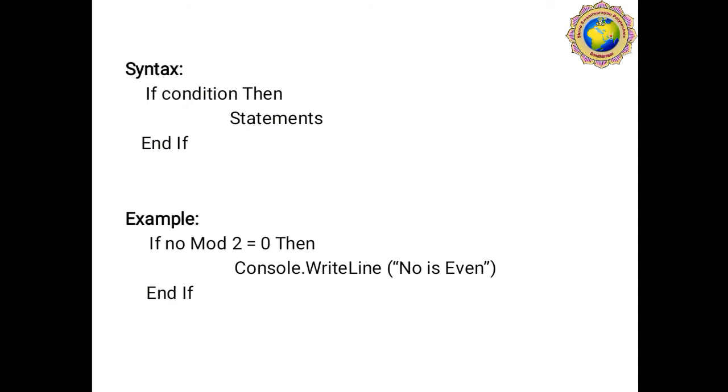The concept is all the same, but the syntax is different. So here we use the if decision making statement, and we have to write this type of syntax: if, condition, then statement, and end if.